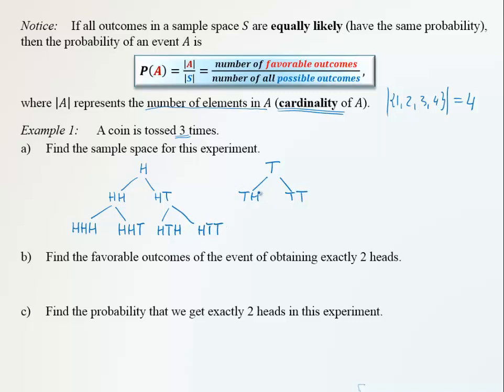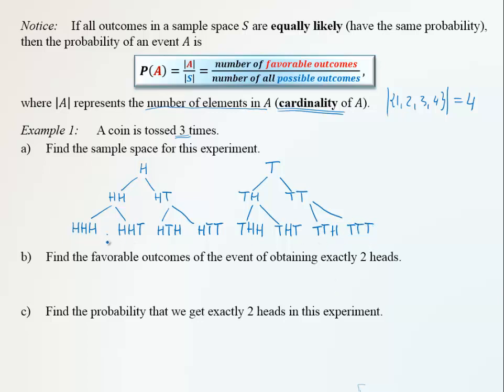And in the following possibility, first tail, head, and then head again, or tail, head, and tail again. Finally, tail, tail, and head, or tail, tail, and tail.